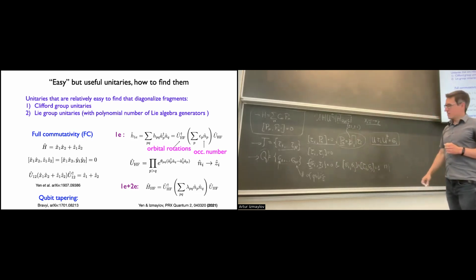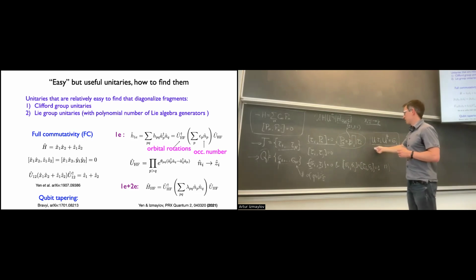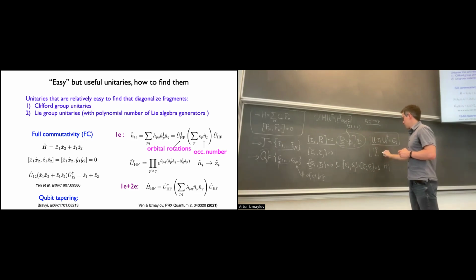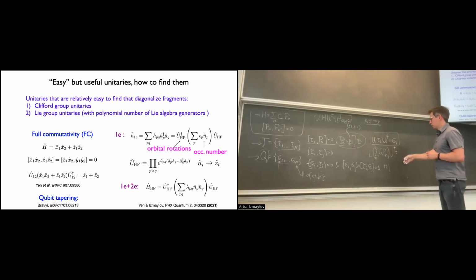Why is this the case? Let's see how this is true. So this is the unitary applied to the sum of C_n P_n.